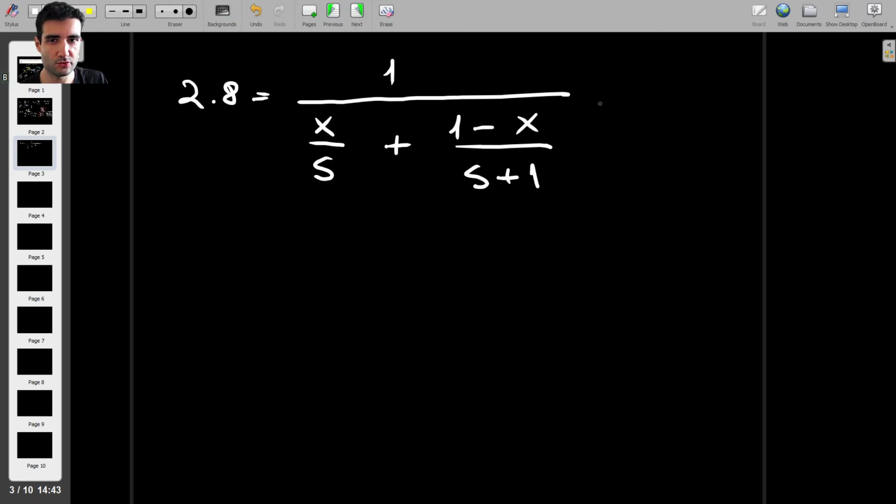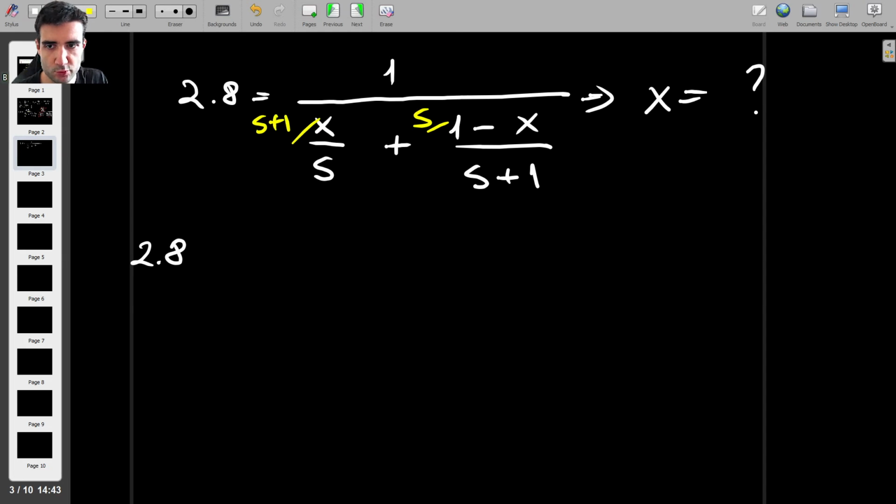So let's try to find X from here explicitly. What I'll do is bring things to the same denominator.